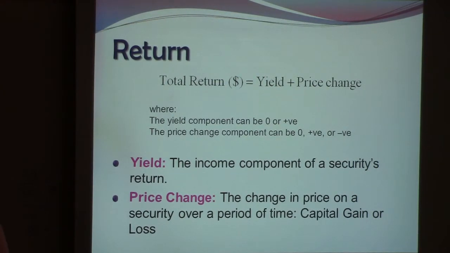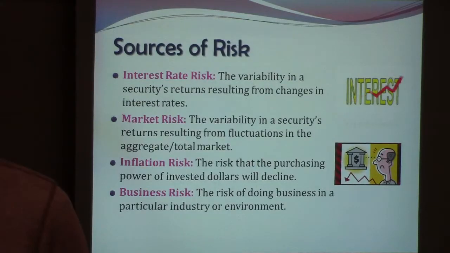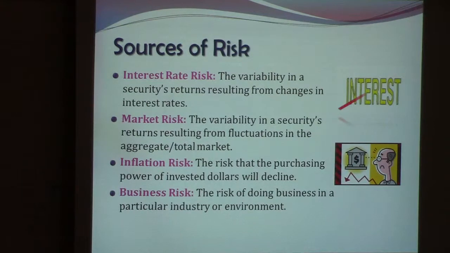So moving on to sources of risk, there are 8 sources of risk that we can think about. I'm sure some of you are aware of some of them. So let's go through them very briefly, and then you can take a look at them on your own with these slides. You have interest rate risk, market risk, inflation risk, and business risk, which are the 4 risks highlighted on this particular slide.